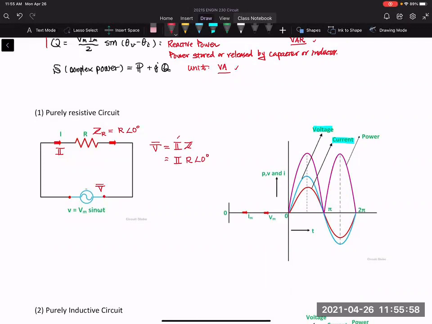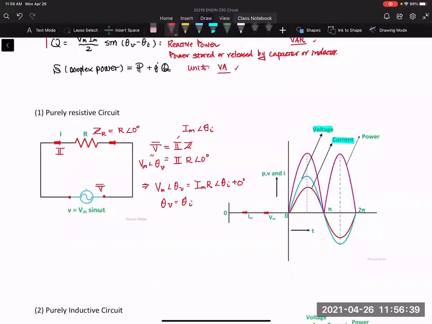So if your I is I sub m with an angle theta I, and this one has V sub m with an angle theta V, in order to make these two equal, you have V sub m angle theta V equal to I sub m times R with an angle theta I plus 0 degree, since it is a multiplication. Which means theta V has to be equal to theta I. So they are in phase.